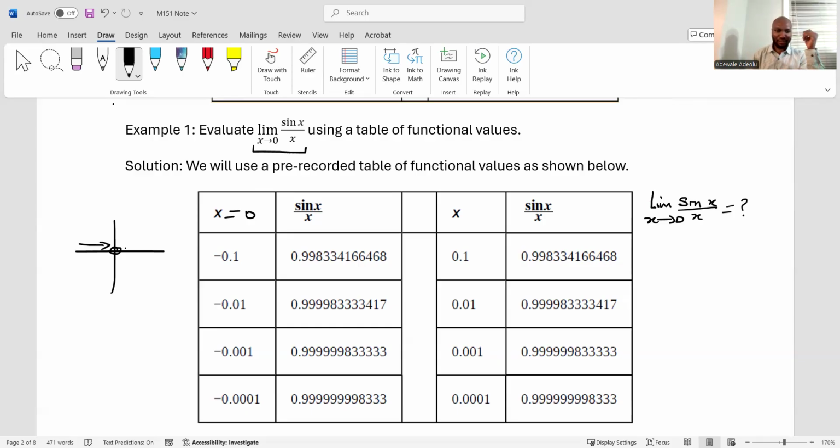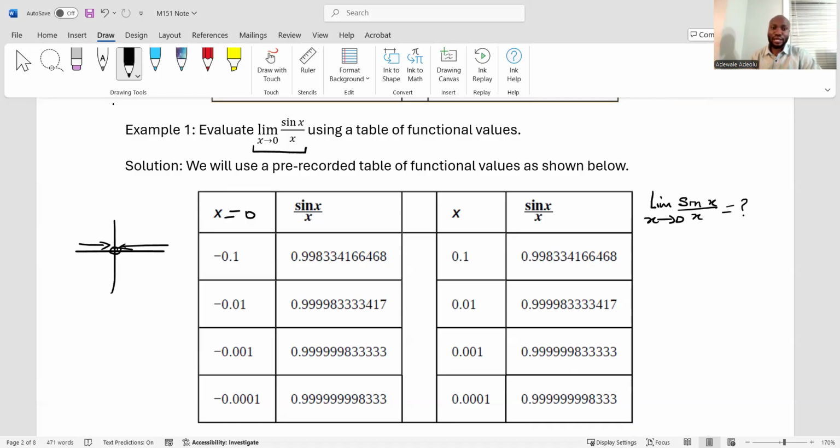And to this side, that is positive, I have 0.1. A smaller number is 0.01. A smaller number, 0.001. A smaller number yet is 0.0001. Smaller one, 0.00001. You can keep going.